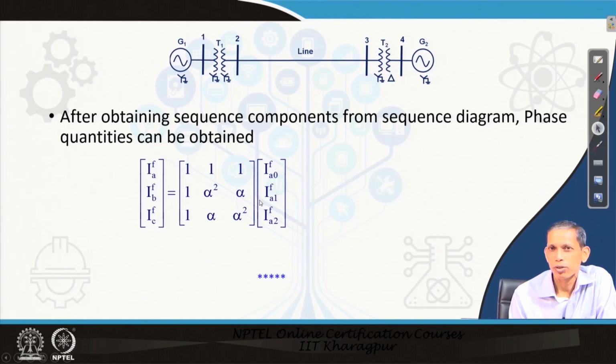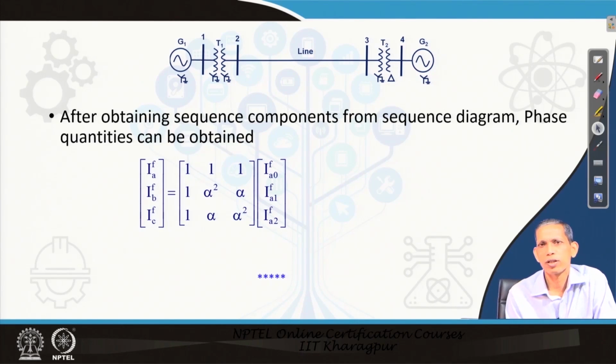So from the above, we see that any set of phasors VA, VB, VC or IA, IB, IC can be decomposed into three sequence components 0, 1, 2 correspondingly, and also from the sequence components you can get the corresponding phase quantities.